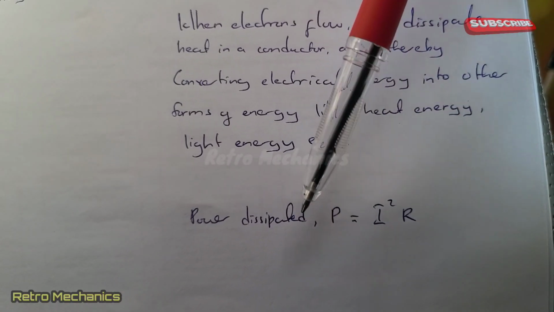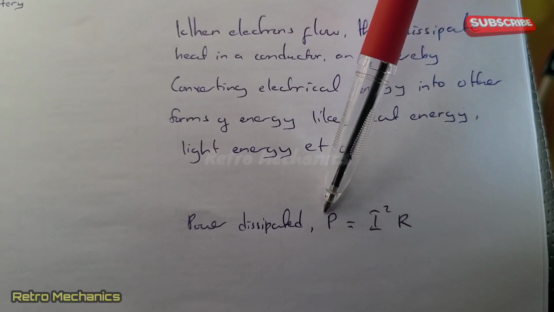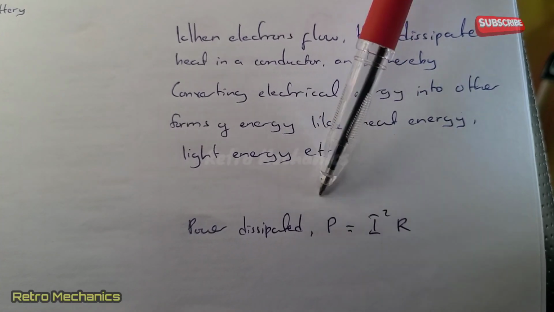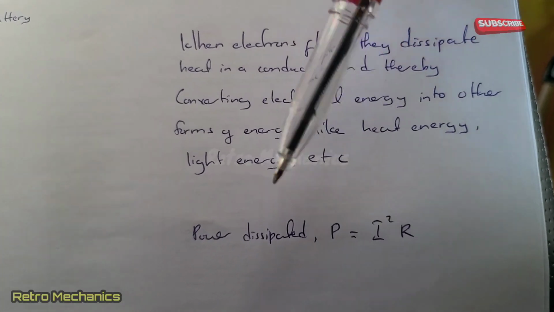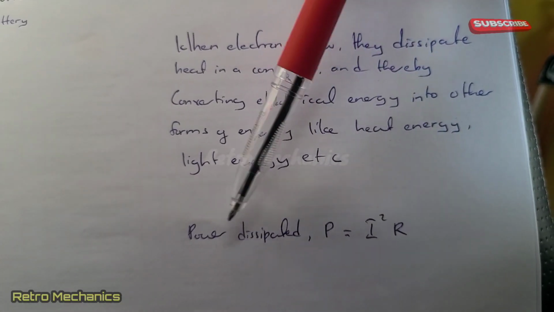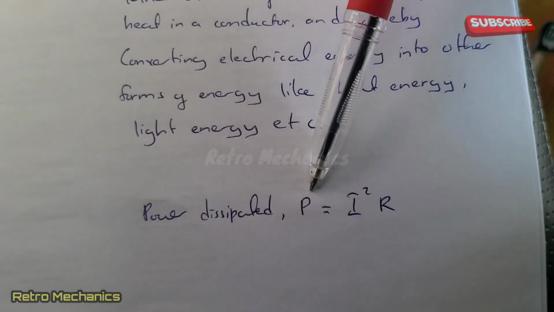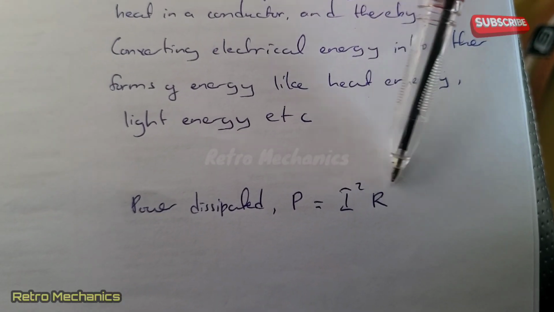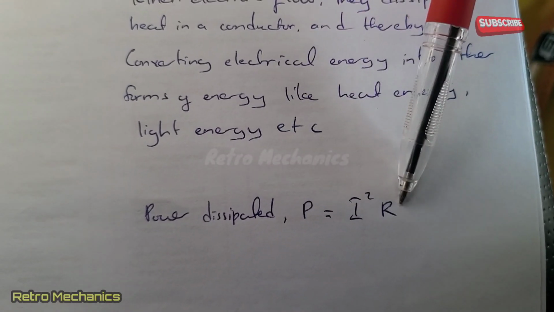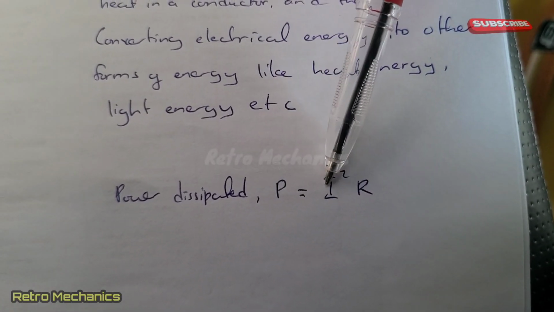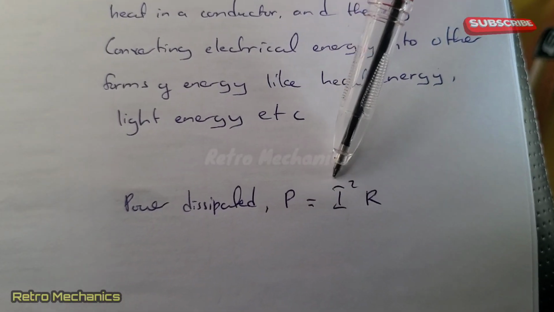Now, the power dissipated. We all understand the meaning of the word power. Power basically means the amount of energy which is being used per unit time. That's what we call power. So the power dissipated, this is the formula. You don't need to cram it if you are at an elementary level, but those who already have knowledge about physics understand this point.